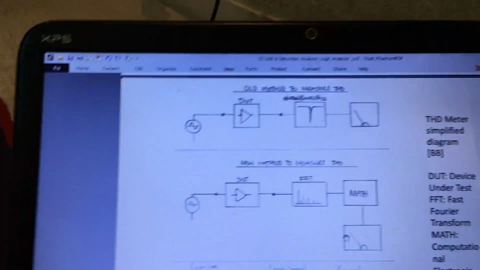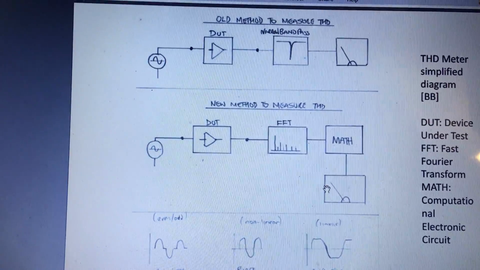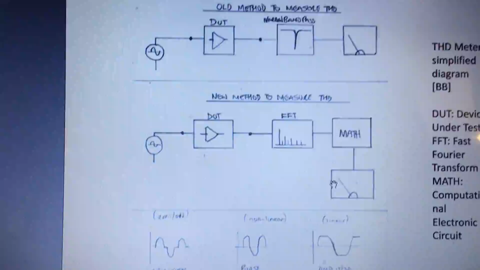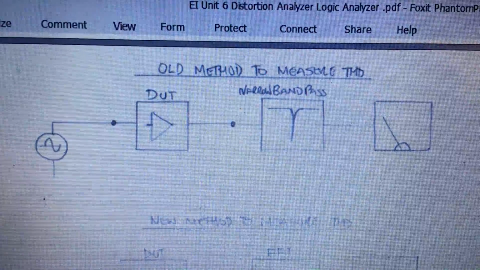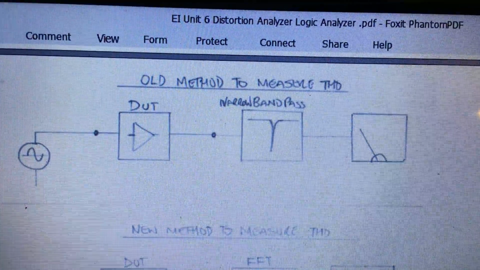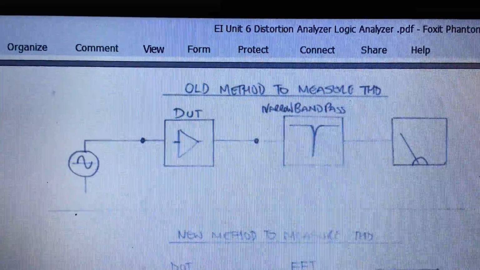Now this diagram is taken from the reference shown at the bottom of this slide. This was the older way of measuring THD. If you look at this diagram, there are three blocks.